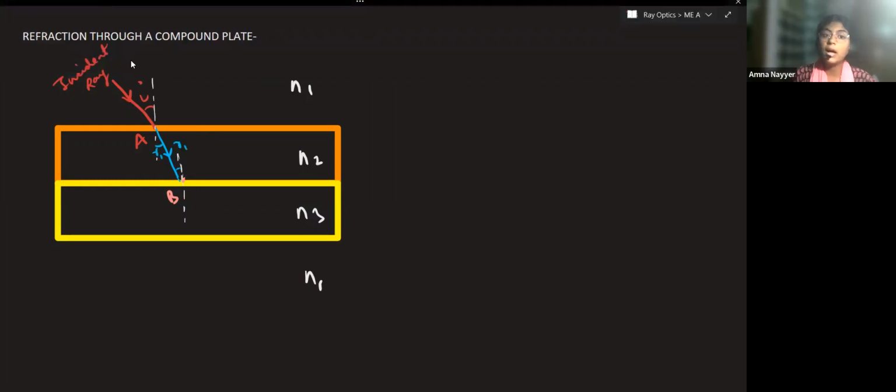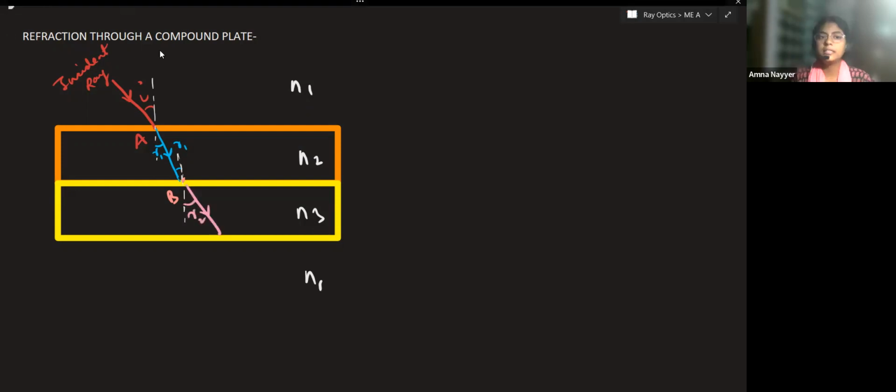Now the angle of incidence here, this is the angle of refraction, and that refracted ray is now incident. So this angle, which was the angle of refraction for point A, has now become the angle of incidence. Got it? Simple. Now again refraction will occur from here, and you will get R2.